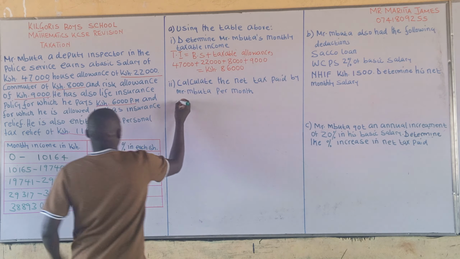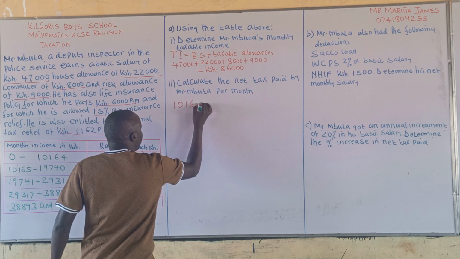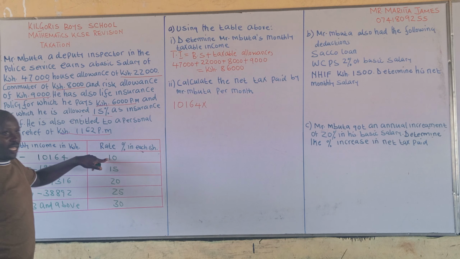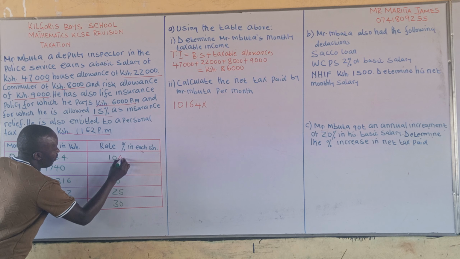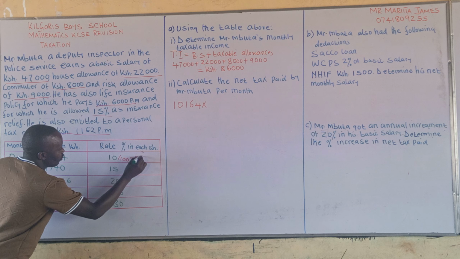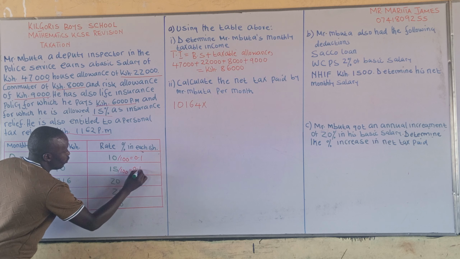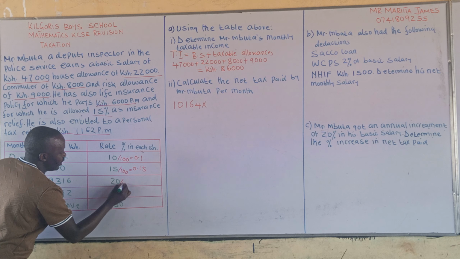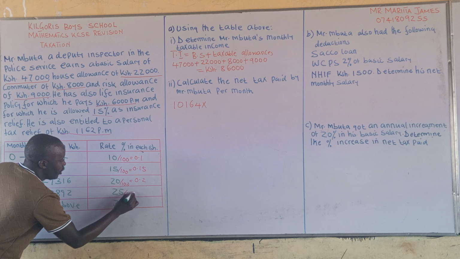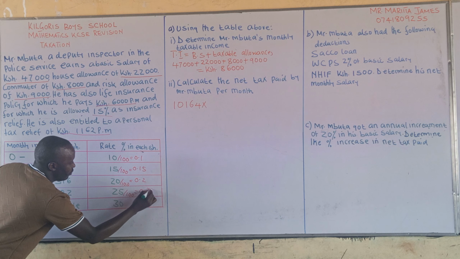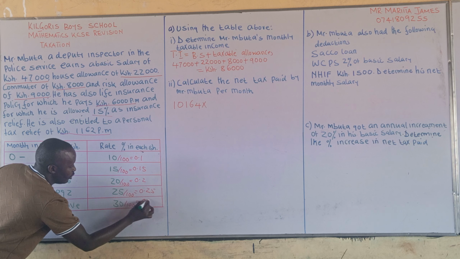So what is the tax paid? The rate is given in terms of percentage. So we have 10 over 100, which gives us 0.1; 15 over 100, which gives us 0.15; 20 over 100, which gives us 0.2; then 25 over 100, which gives us 0.25; and finally 30 over 100, which gives us 0.3.